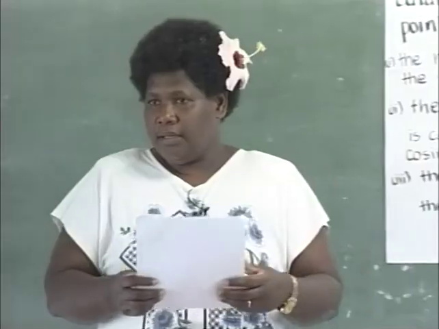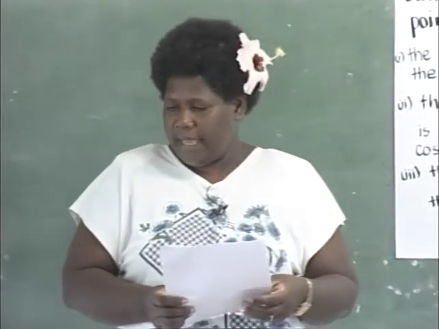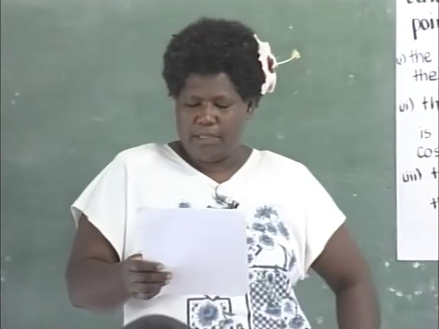Okay. Anyone with an answer to B, the length of BC? Then, Pastor Mike. 10.58 to 2 decimal places. Right, 10.58 to 2 decimal places, 10.6 to 1 decimal place, correct.